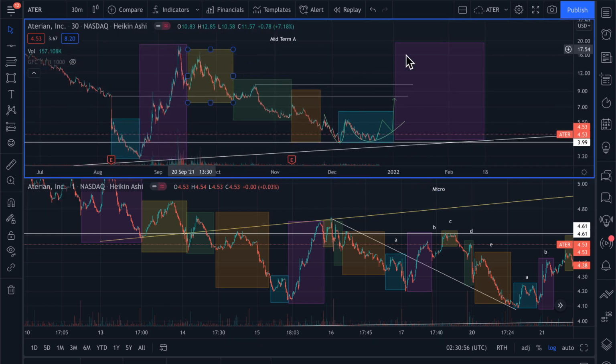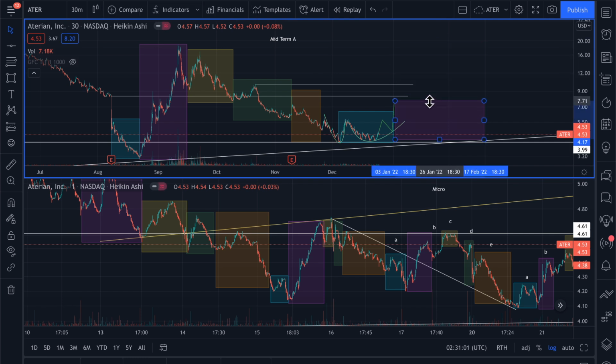So do I think that it has to come all the way up to $20 on this particular iteration? No. If you're looking at conservative numbers, we're talking about probably $8 at least. And then between 8 and 10 is really this hot pocket region that I think it needs to break in order to really confirm an uptrend.